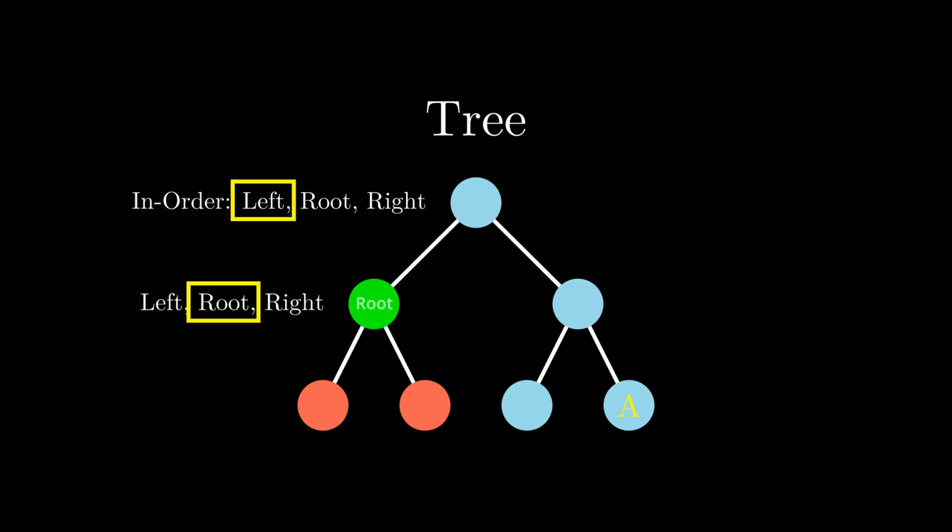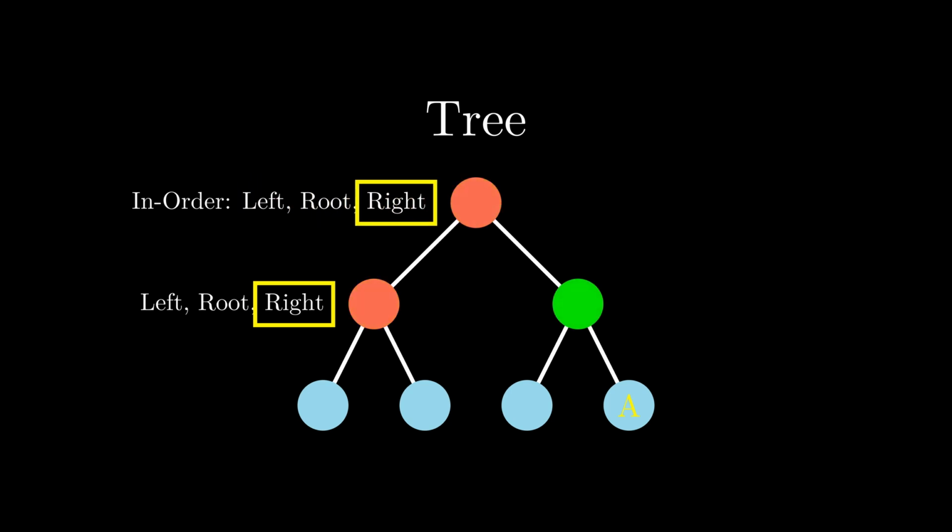So the root of this tree is here, so we can check this node. It doesn't contain our value either, so now we check this subtree's right node. That node also doesn't contain our value, so we move back up to the previous subtree. We left off at this subtree's left node, which we already checked, so now we move to this subtree's root node. This node doesn't contain our value, so we move to this subtree's right node.